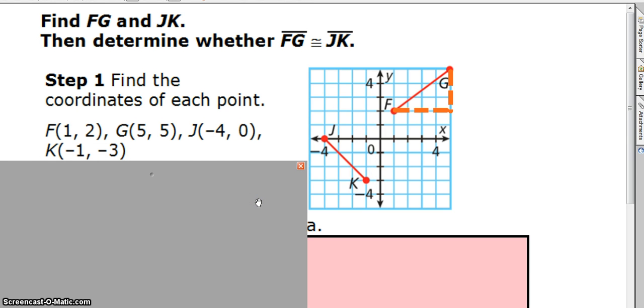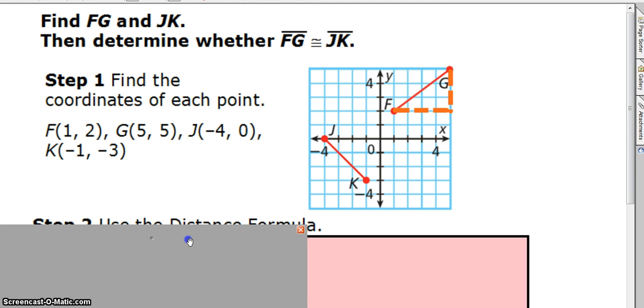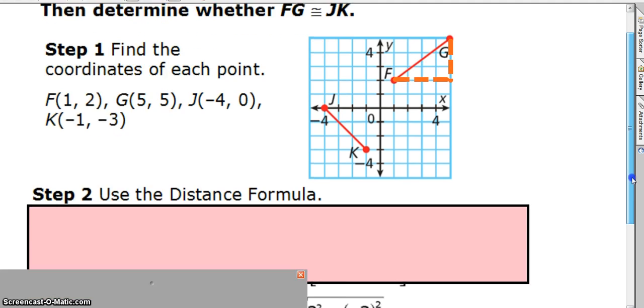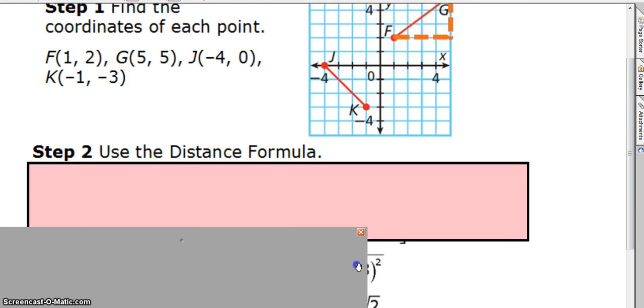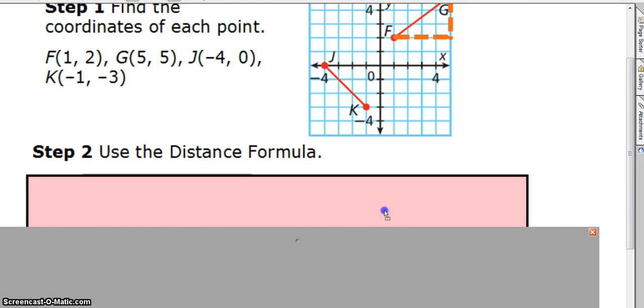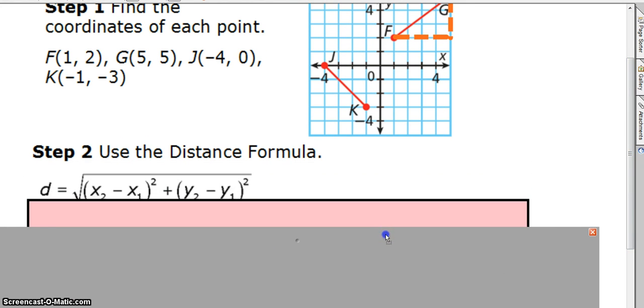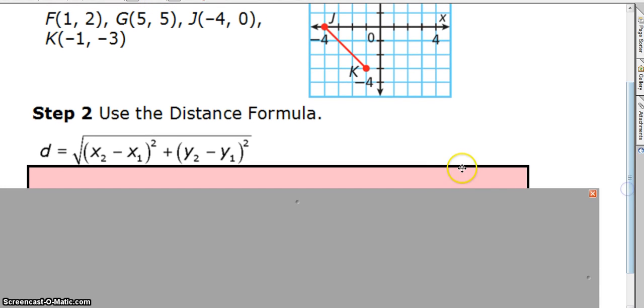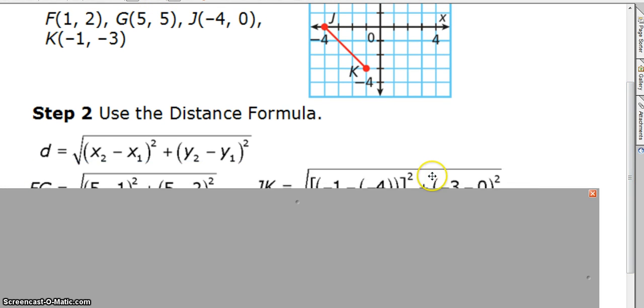Okay, so we've got all these coordinates, and now we can use that information to substitute into the distance formula. This is something you really want to have down, so make sure you have that memorized.